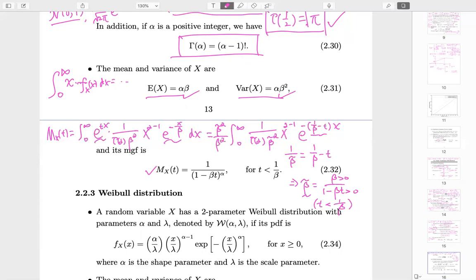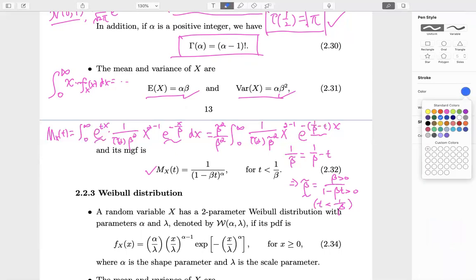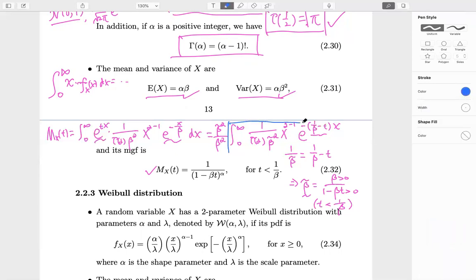Then there's nothing I changed. So now, let me get a different color. Look at the inside. The integrand is the PDF of a new gamma distribution, gamma alpha beta tilde. That means the integral should be 1, right?